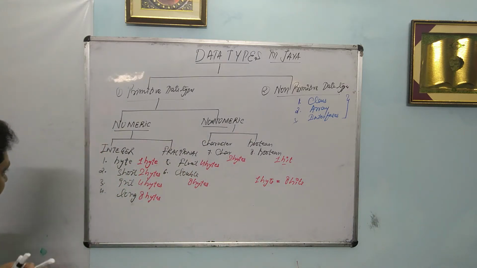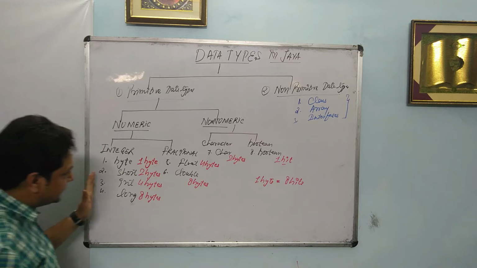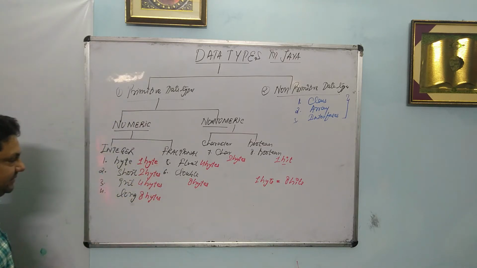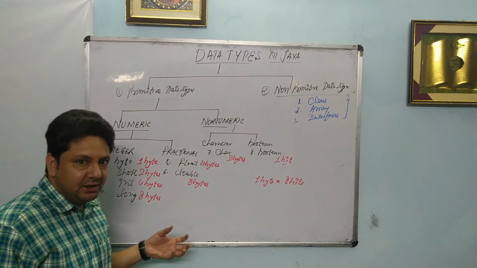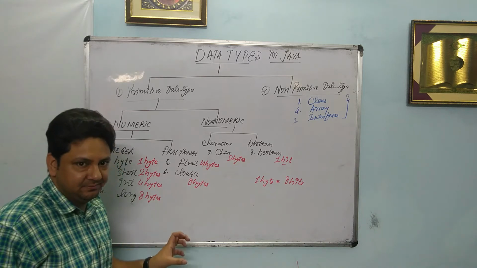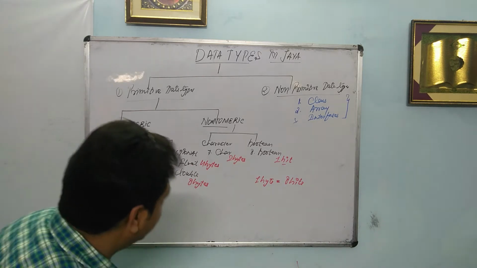So these are the storage capacities of primitive data types. According to the data, we can choose the appropriate data type for memory utilization.